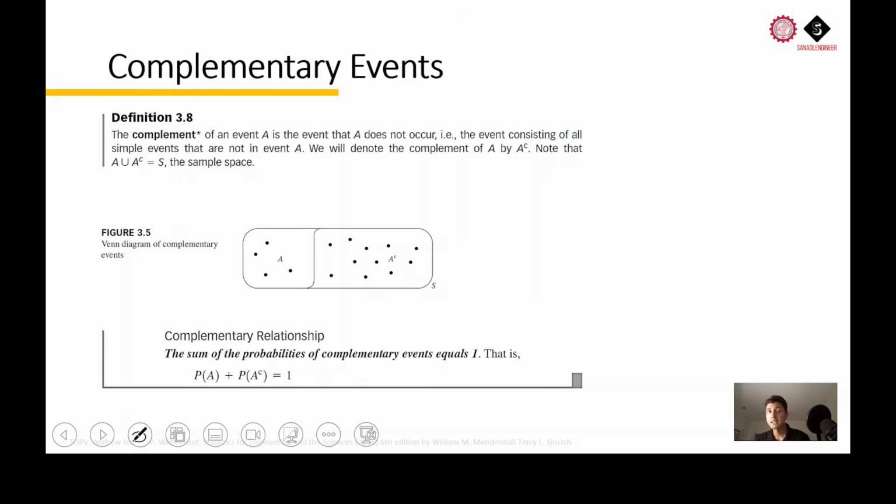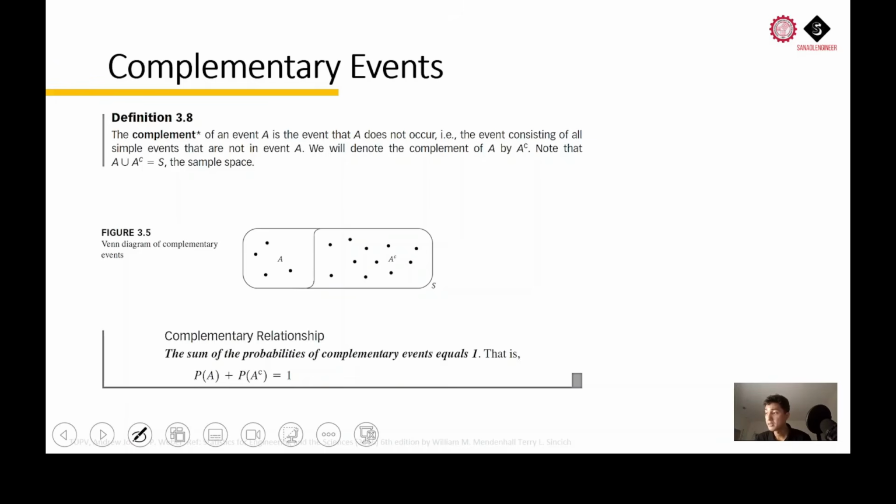Okay, so welcome back. We now discuss the complementary events. What do we mean by complementary events? The complement of an event A is the event that A does not occur.